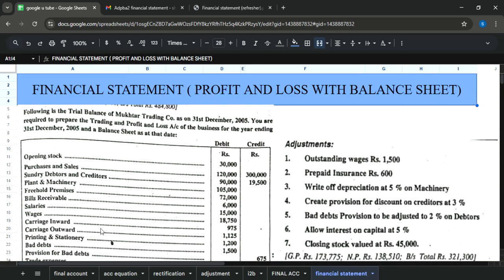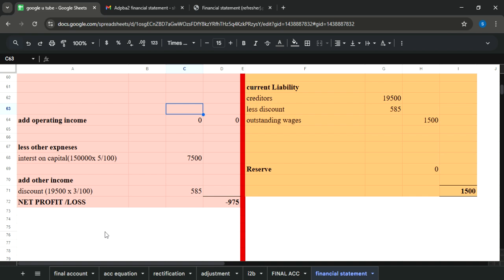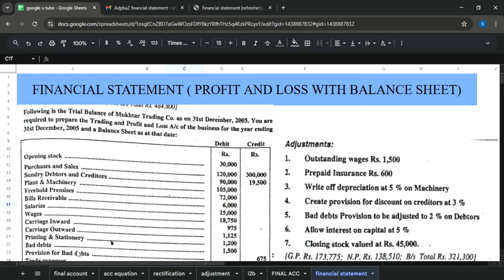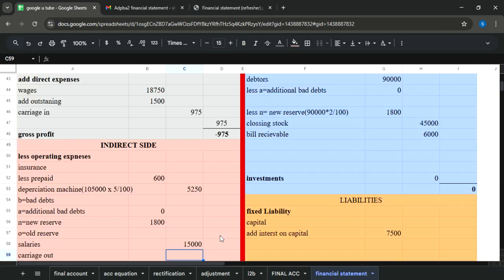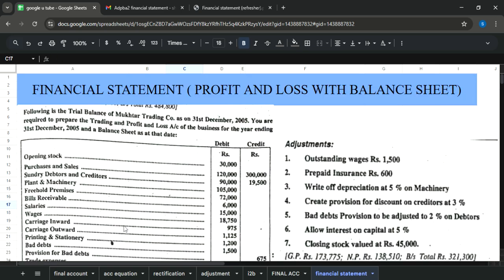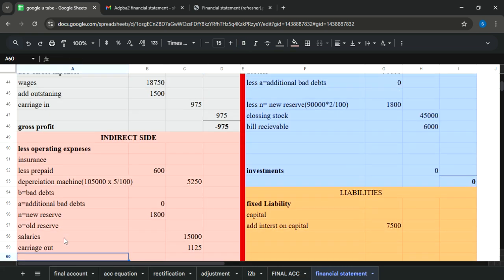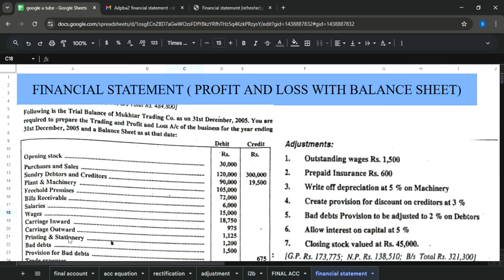After carriage in we have carriage out, which is part of operating expense. So carriage out, and amount is 1125. After carriage out we have printing, again it's other expenses, sorry, printing, indirect expenses, operating.